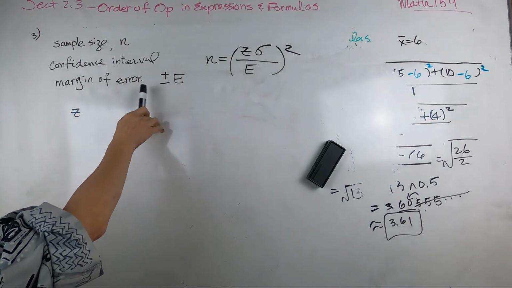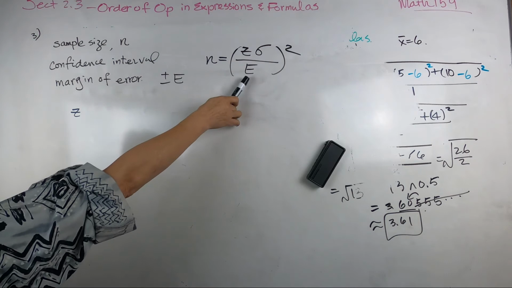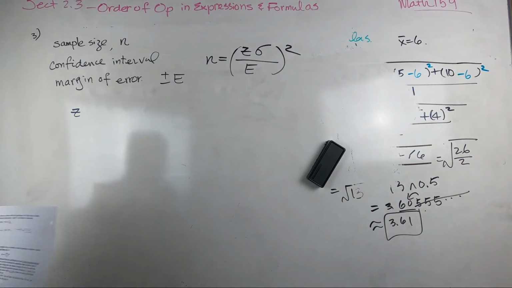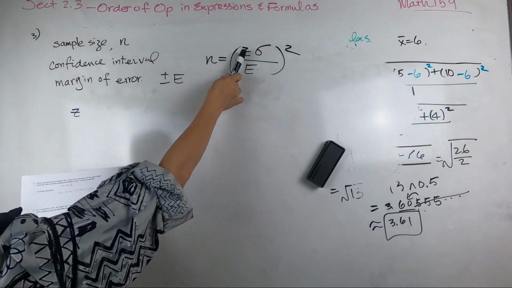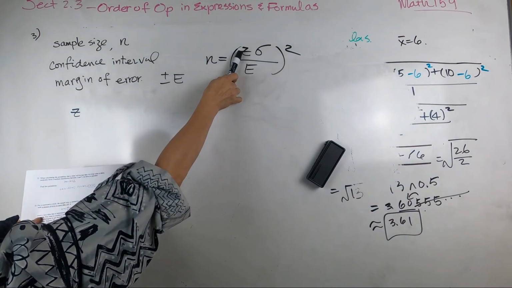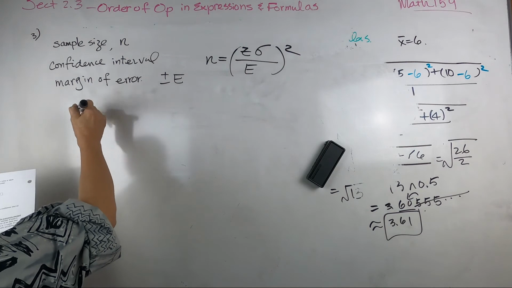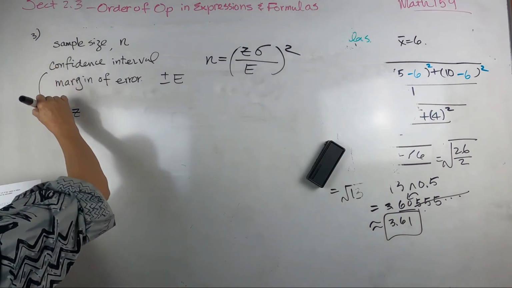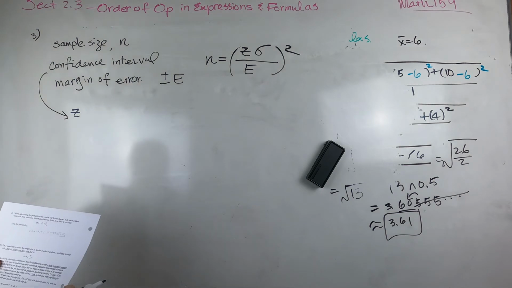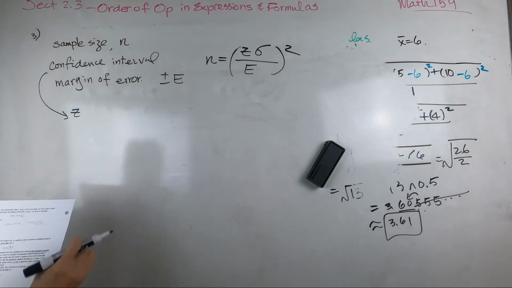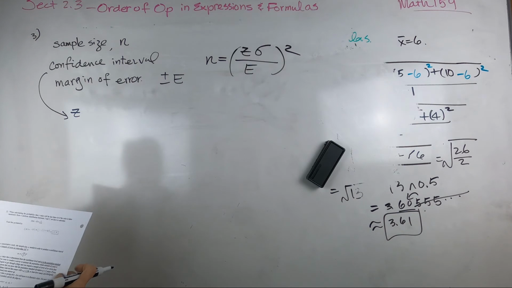Margin of error is plus minus e, so e here is the margin of error. Well, z is the value determined from the confidence interval. So it's related to this here. Z is decided from the confidence interval, and it will be given to you, okay?